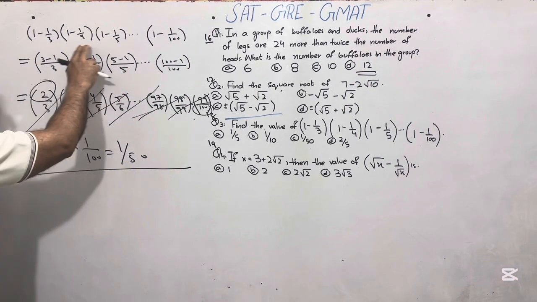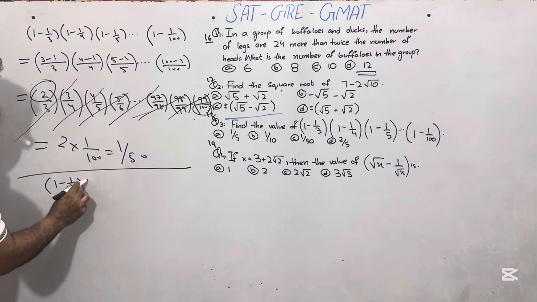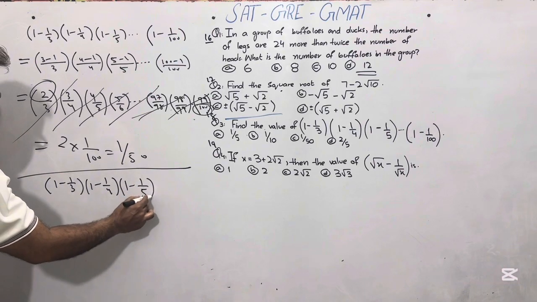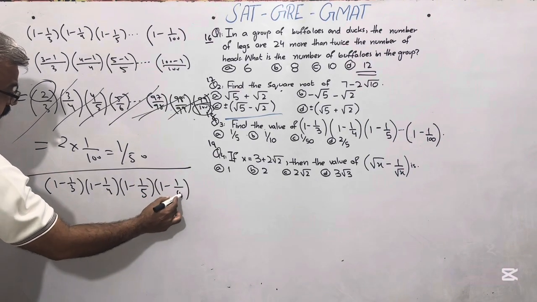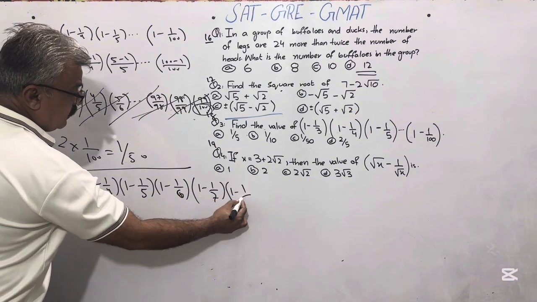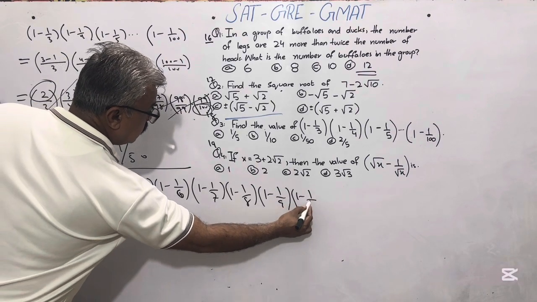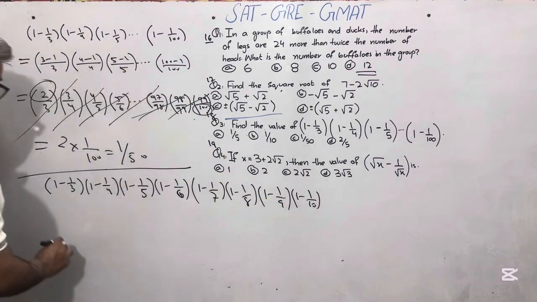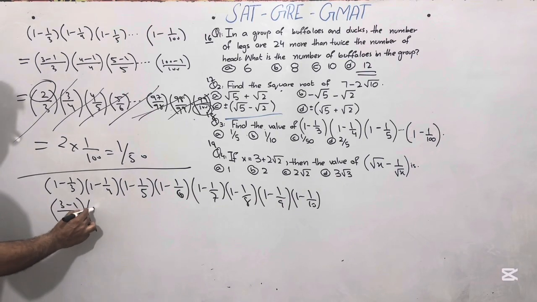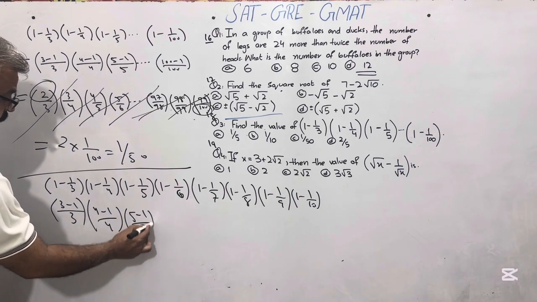If I am taking this one up to 10 and opening this up for you: 1 minus 1 over 3, 1 minus 1 over 4, 1 minus 1 over 5, 1 minus 1 over 6, 1 minus 1 over 7, 1 minus 1 over 8, 1 minus 1 over 9, times 1 minus 1 over 10. We are taking up to 10. Taking LCM, it is 3 minus 1 over 3, 4 minus 1 over 4, 5 minus 1 over 5.